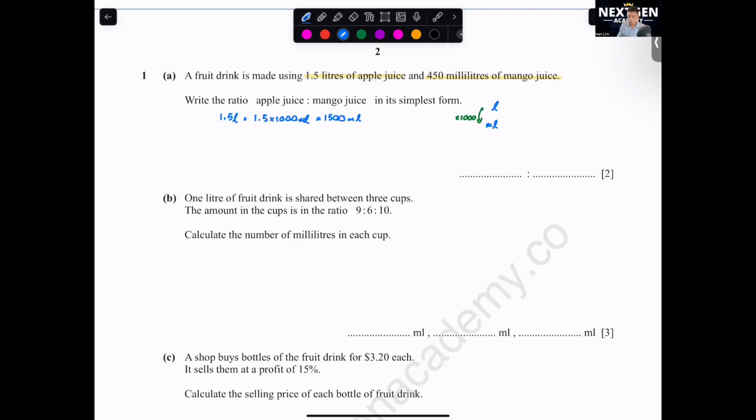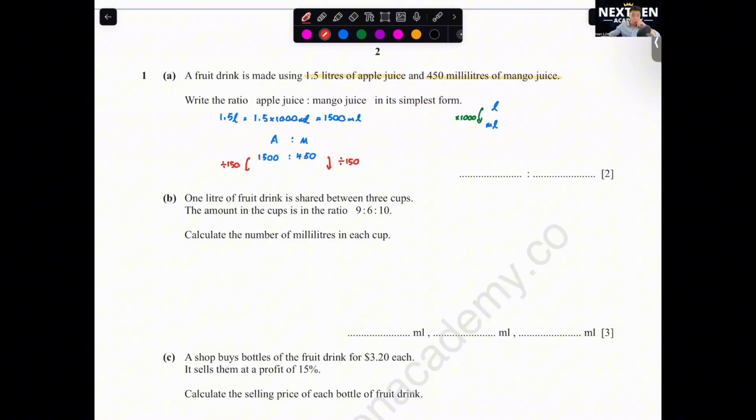When we do ratio, both units need to be the same first. So apple juice to mango juice will be 1500 to 450. Both are in ml already, so I don't need to write the unit. Then you find the highest common factor between both of them. What can you divide both of them by? You can divide them by 150.